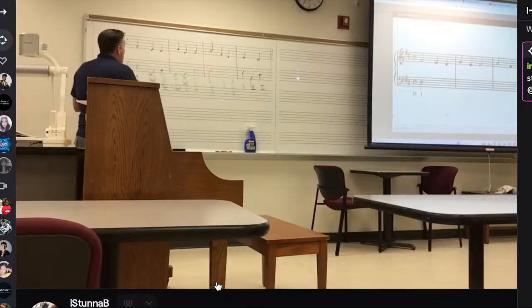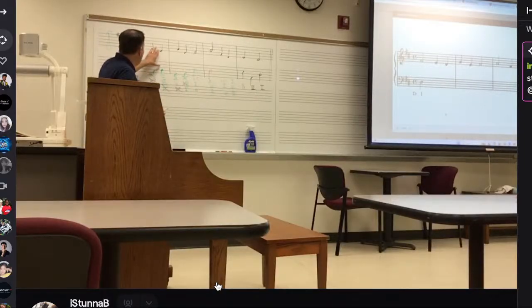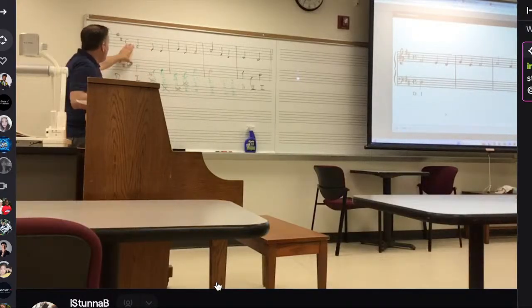Alright. I do want to look for any parallel motion or anything that's going to cause trouble. Oh, right off the bat. Do we have an option? No. We have a direct fifth right off the bat. I didn't even notice it before.